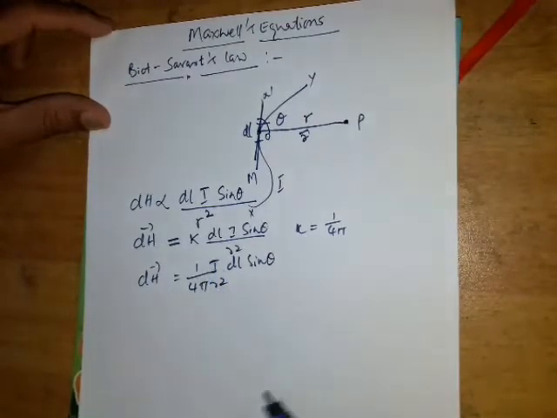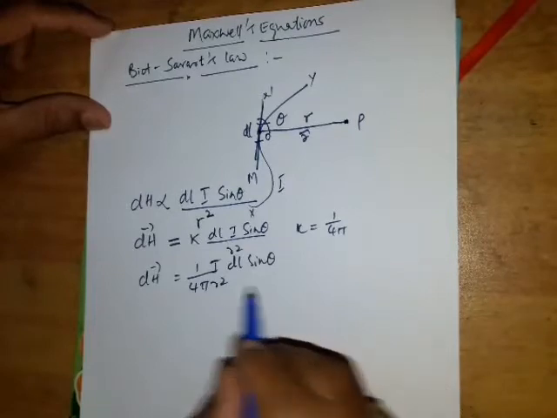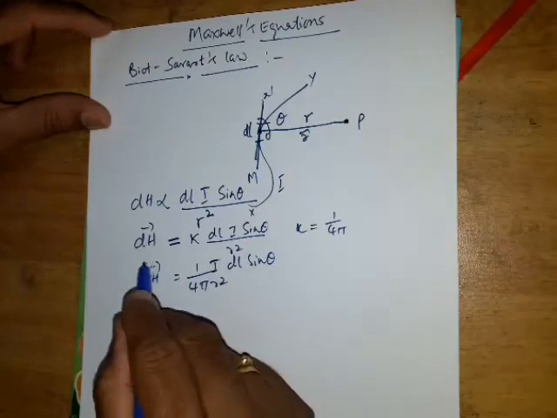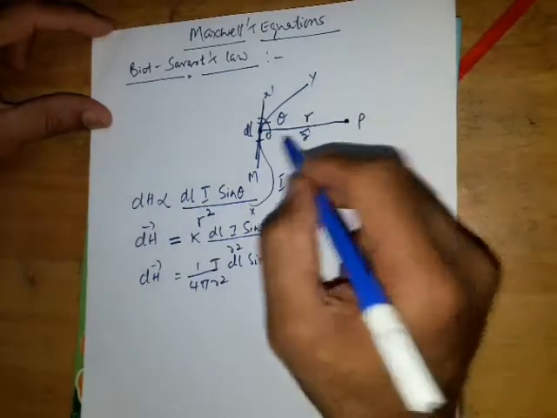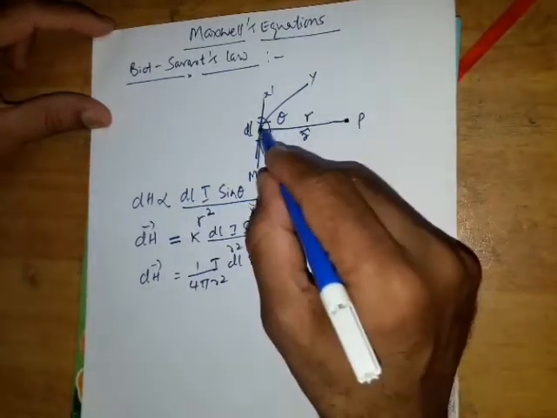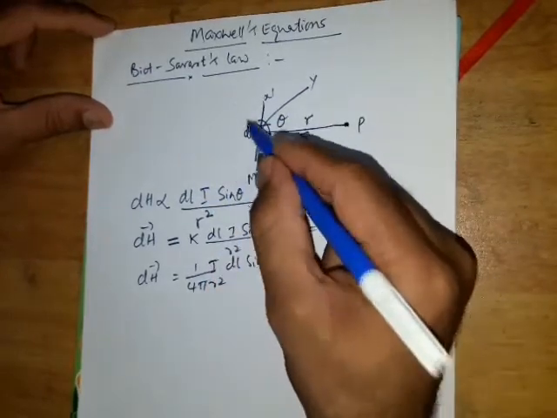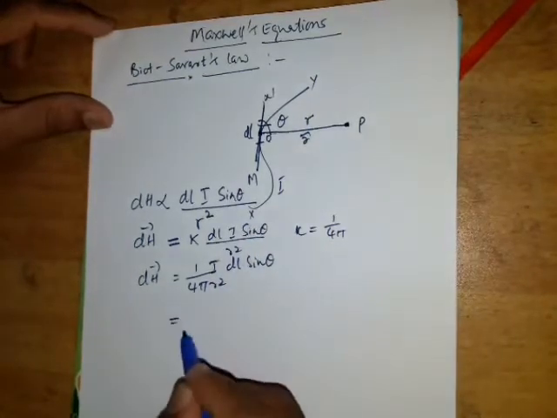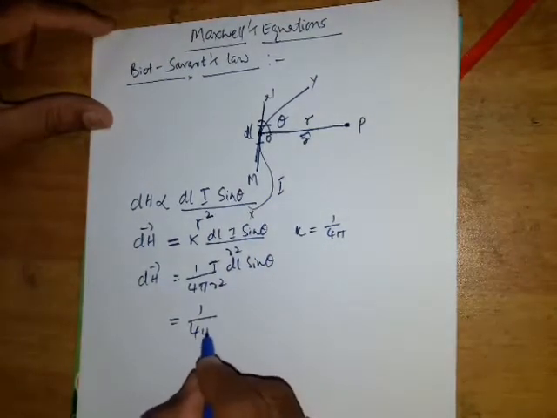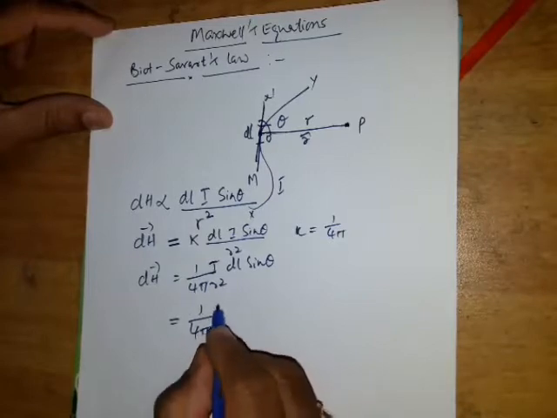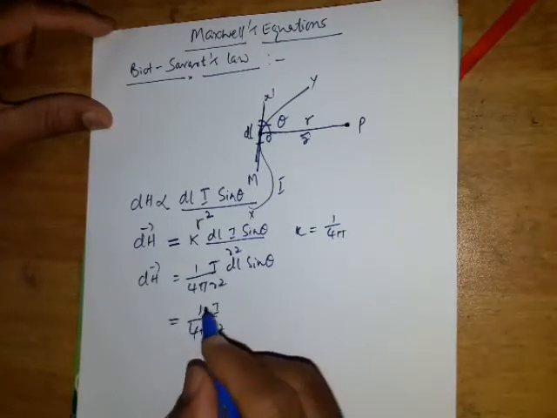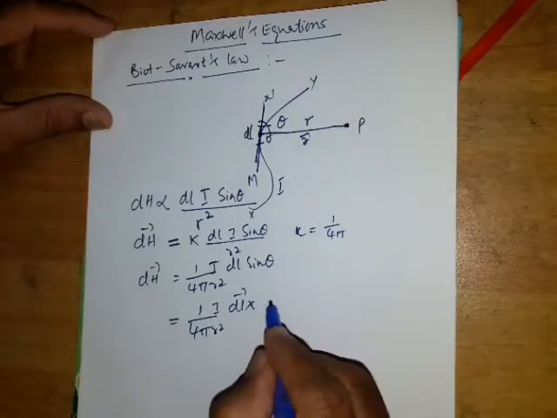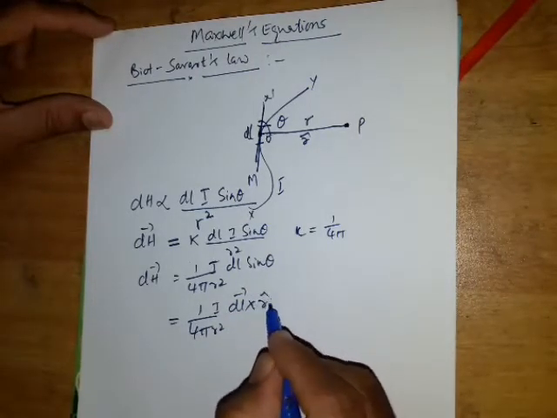The direction of the magnetic field intensity is perpendicular to the plane containing the line OP and the tangent, and this equation can be written as dH vector equals I dl vector cross product of a unit vector, divided by 4 pi r square.